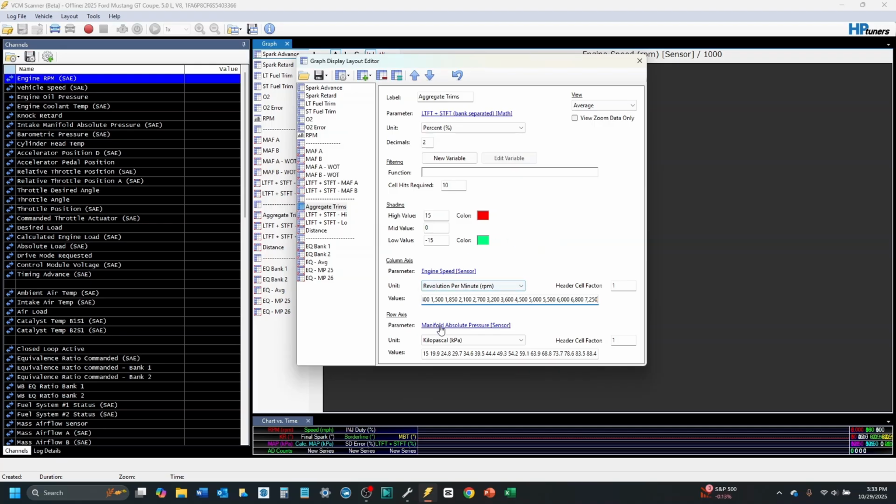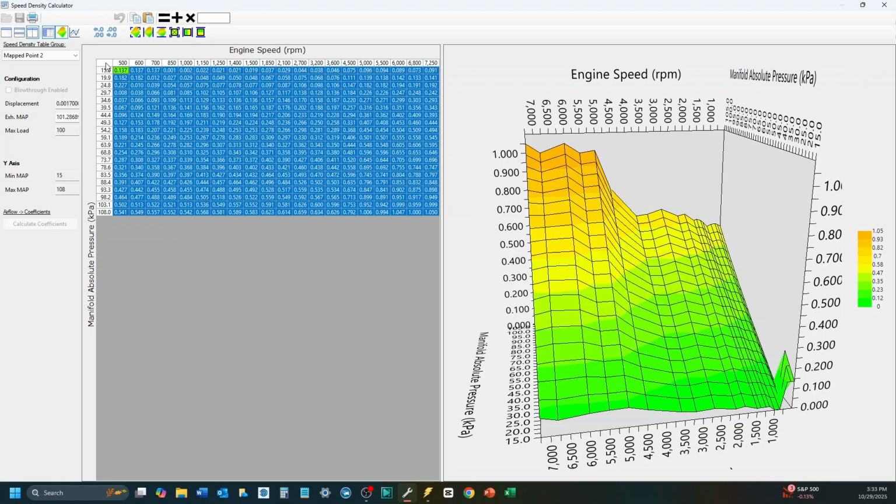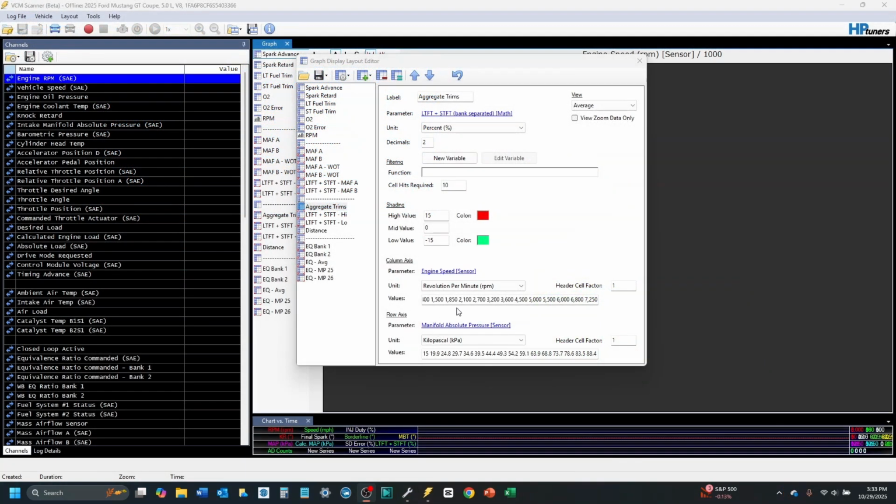Okay. We're going to do the same with manifold. So I know that my manifold is down the side here. So this is my first row, second row, third row, fourth row, right? So this time when I want to capture it, I go to my row axis, copy labels. And then I want to come back down to my tune.